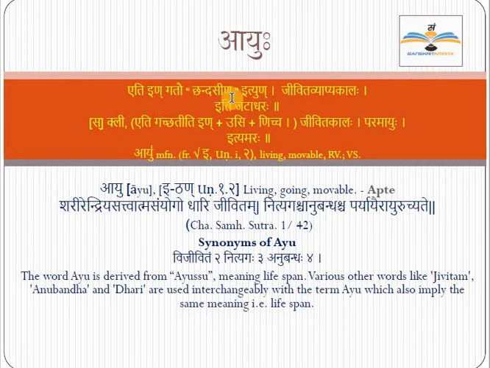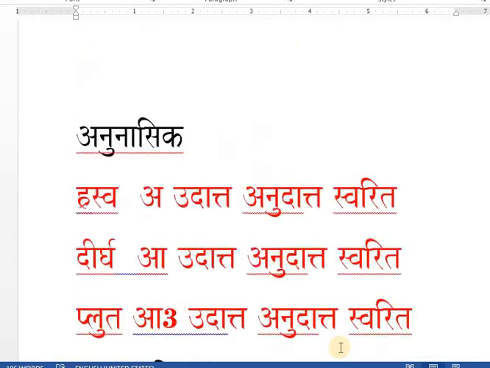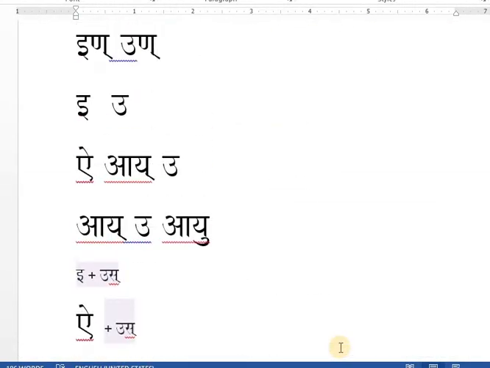So we have the root verb in and the suffix un. Out of this in and un, the letter n will be deleted.